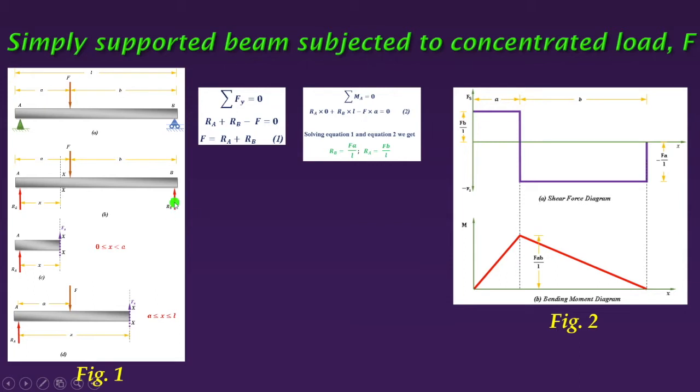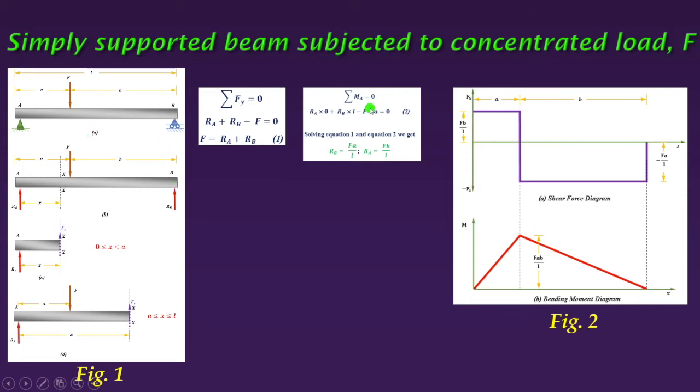Then RB. Distance of RB is A plus B or L. Under the action of this force, the beam can rotate in anti-clockwise direction about A. Let's consider this anti-clockwise direction is positive.